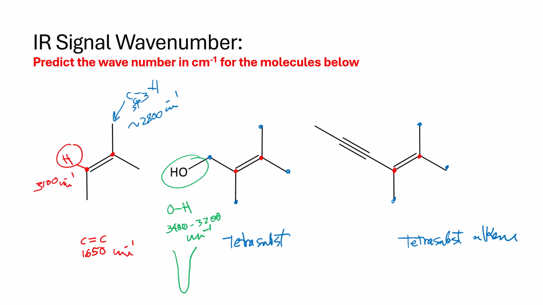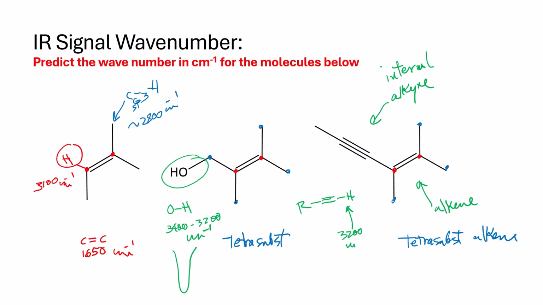Now, in the last molecule, we have an alkene and an alkyne. But this alkene is internal, and the alkyne is an internal alkyne. So I don't have the vibration due to this hydrogen, which is at about 3200.